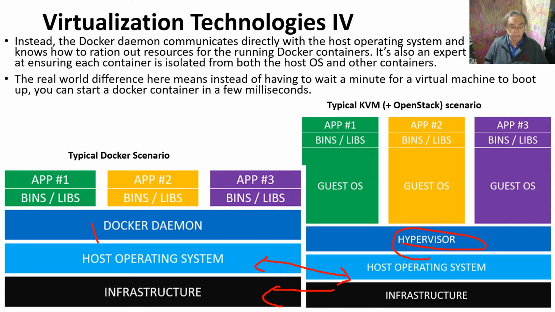Here we have Docker running. This is the Docker scenario. We have Docker running on the operating system, and then we have these applications in their own containers. And then if we have KVM, then the three different applications have the OS, the guest OS.